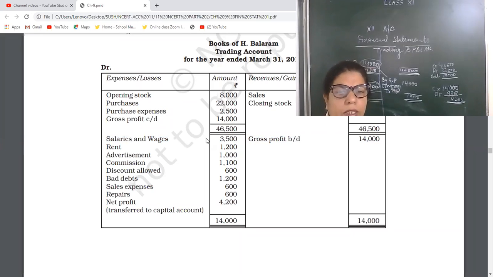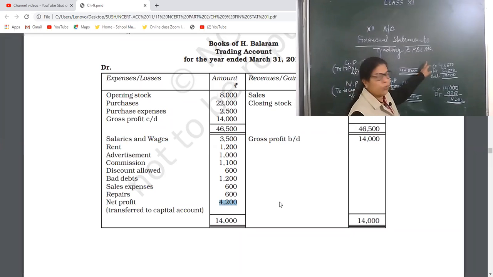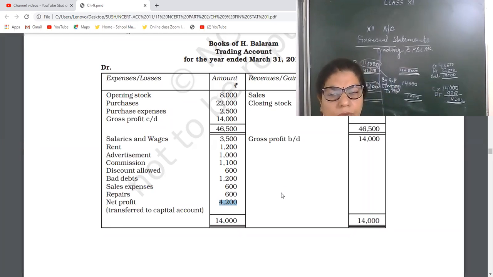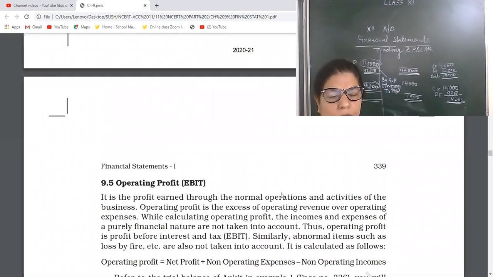Then all items of P&L will be entered here. Then the remaining amount will be known as net profit, which is 4,200. Now how to calculate? See, first do the total of credit, then subtract the debit, the balance will come. Credit minus debit, the balance will come. Okay? Good. Now we are moving to the next question.